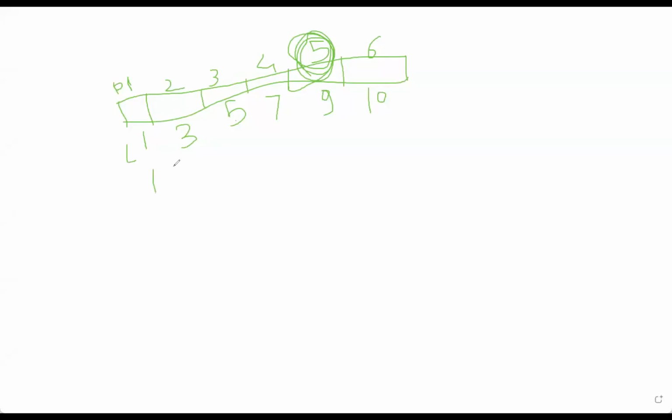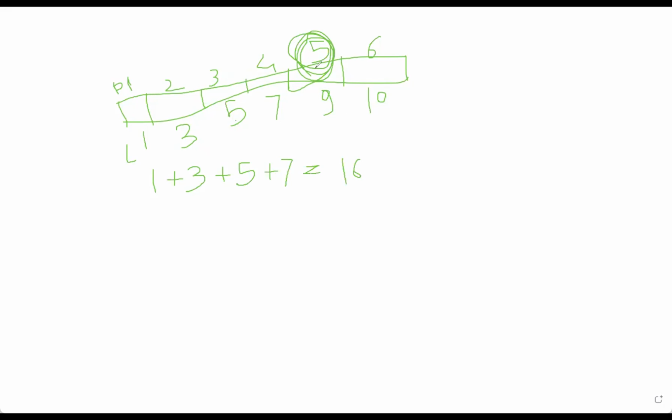Once all these 4 programs are executed or picked out, then and only then will program 5 be executed. The time is 1 plus 3 plus 5 plus 7. After completion of this time, this program 5 will run.